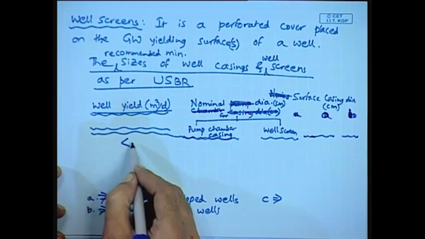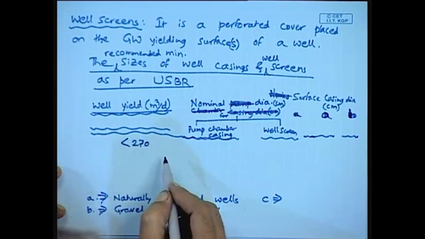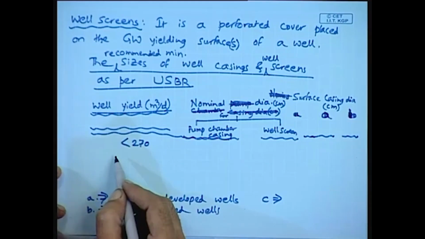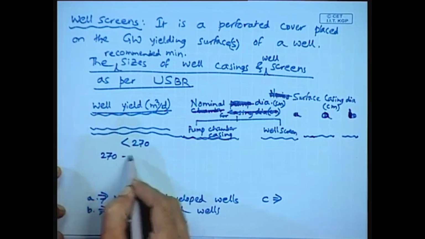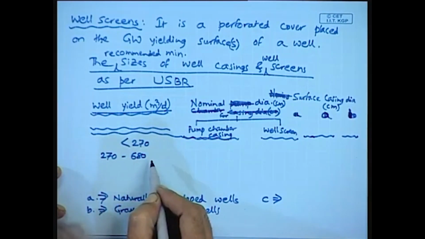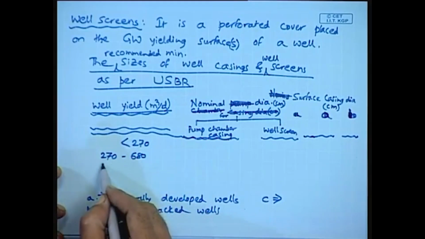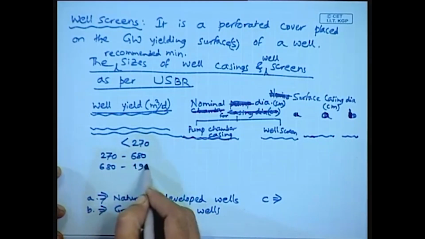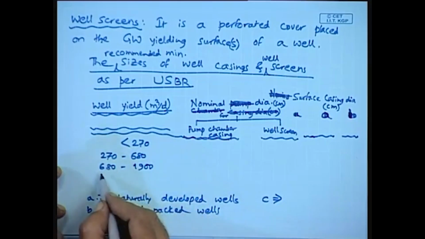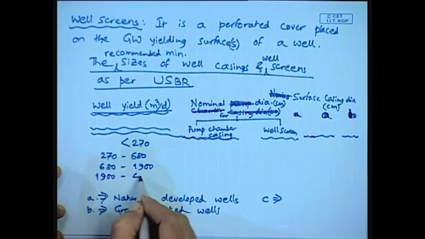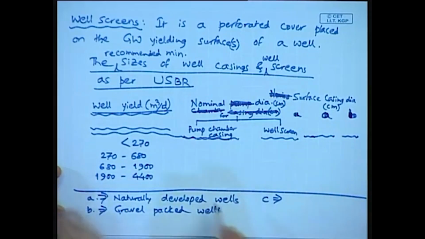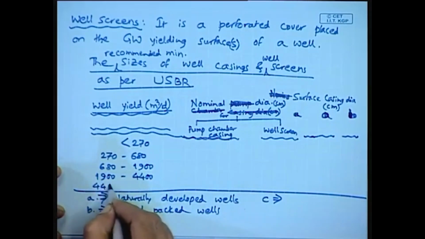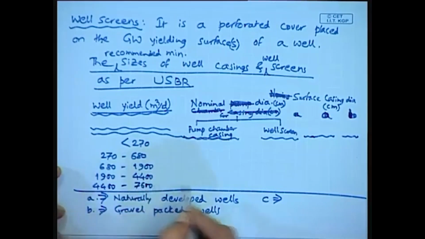This is less than 270, then 270 to 680, then 680 to 1900, then 1900 to 4400, and I will not go beyond this, although many more are given. Let us say 4400 to 7600.